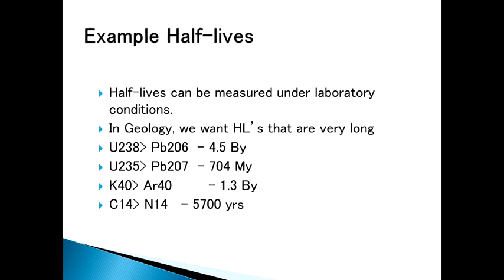The half-life for potassium-40 to argon-40, 1.3 billion. Really big ones. So if you have a rock and a way to measure the amount of uranium in it and the amount of lead in it, and you know how fast one decays into the other, you can tell the age of the rock.